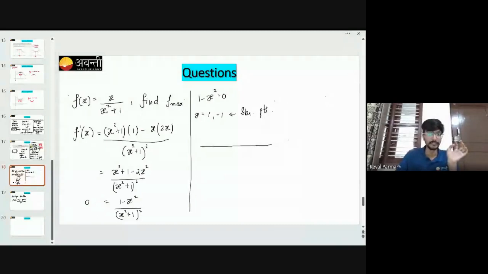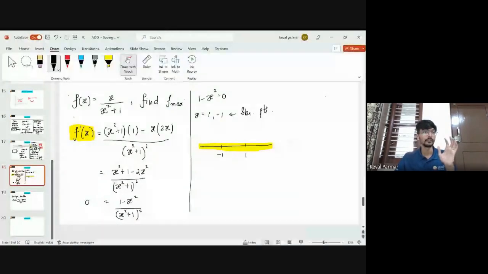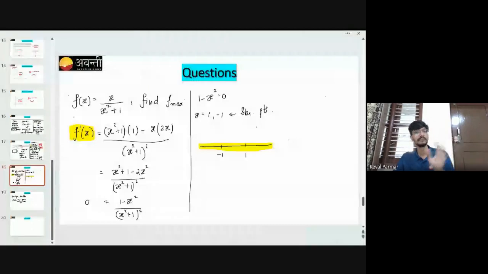So we'll use the wavy curve. See how it will end. This is the wavy curve for f dash of x. Please remember, this is f dash of x, not f of x. So we'll get the sign of f dash of x. Positive, negative, positive.